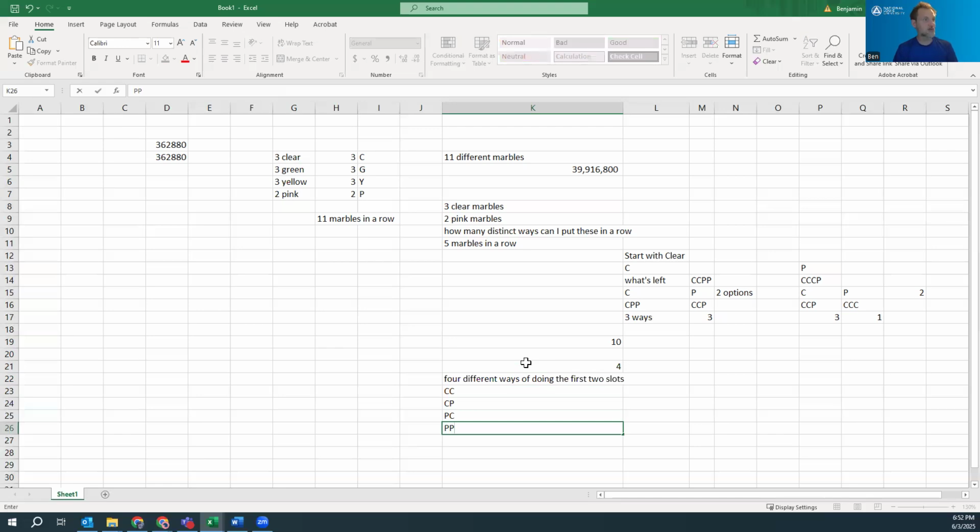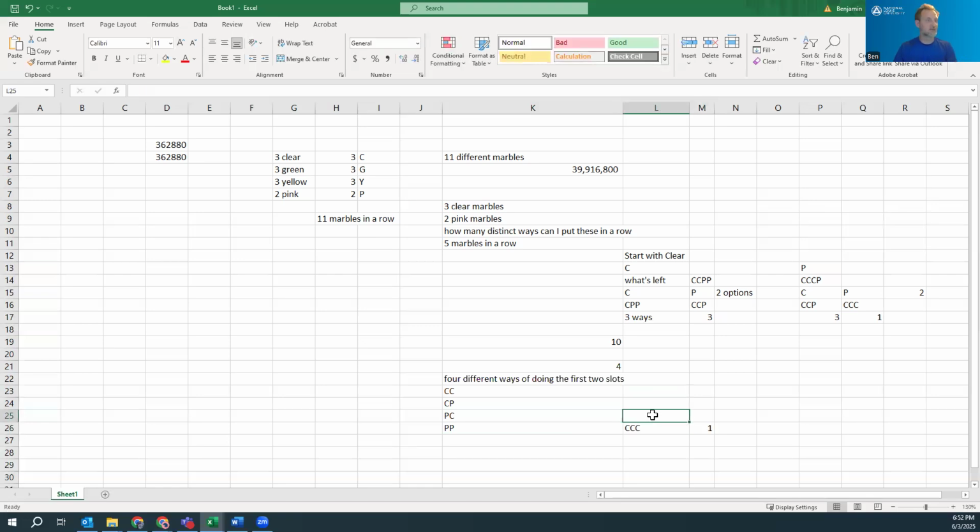And then at this point, because this one is unique in the sense that if I've done the PP, then there's only the CCC left. And so there's only one option there.